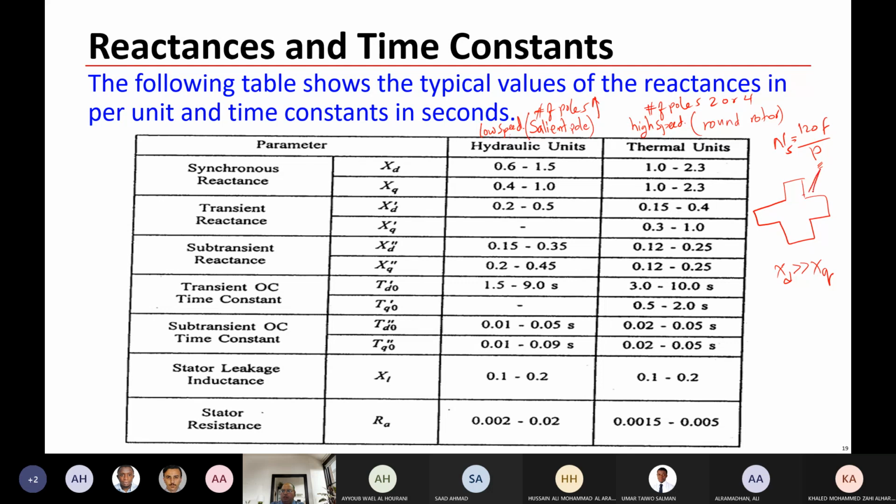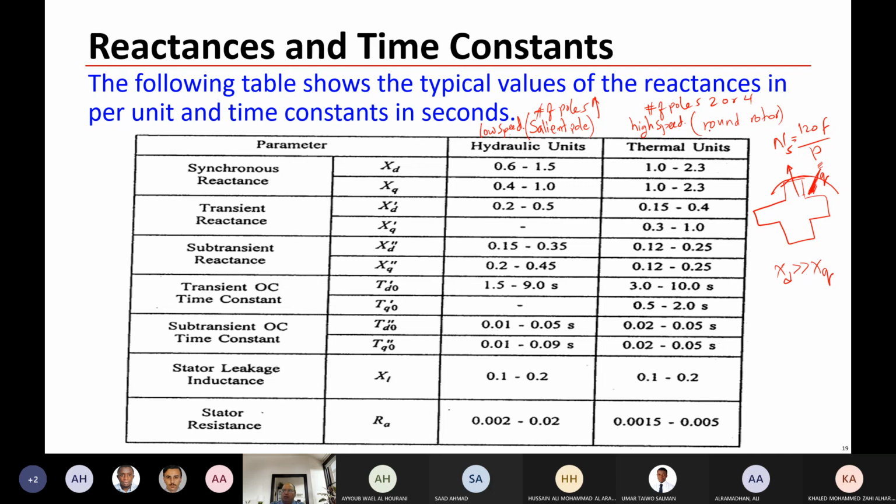This is the Q axis and this is the D axis. This is the air gap. The air gap here is small, so reluctance is small. So the XD is high, but here you have the air gap is high, so the reactance is very low. So this is for the salient pole.